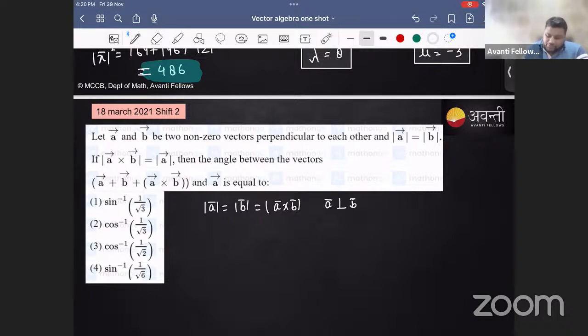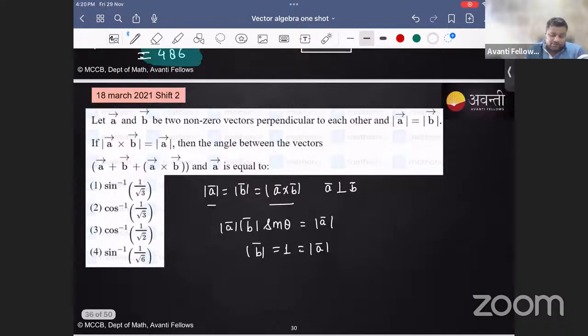From this condition, I can say magnitude A, magnitude B, sine theta, which is 90 degrees, is equal to magnitude of A. So that means magnitude of B is going to be 1. That is also magnitude A is going to be 1. Now A and B are mutually perpendicular unit vectors.